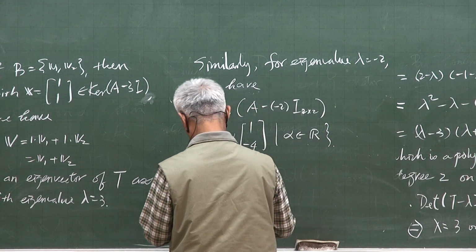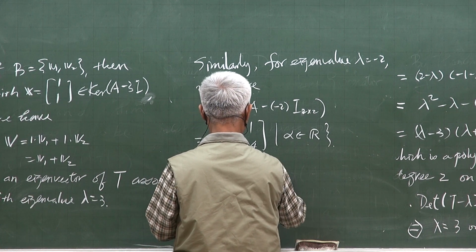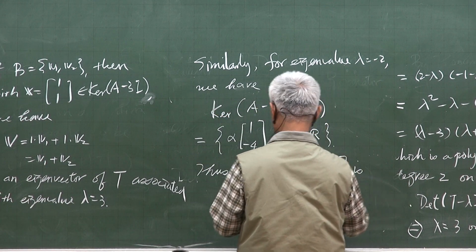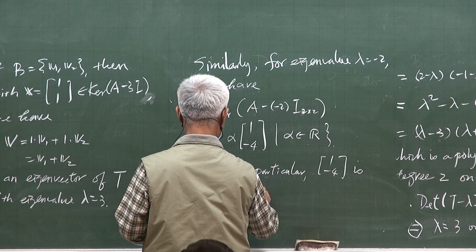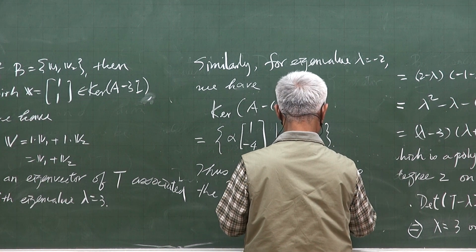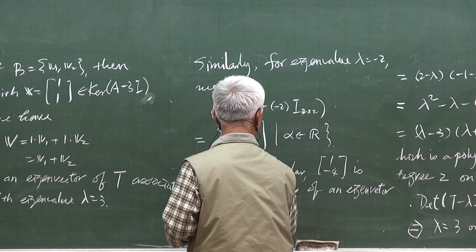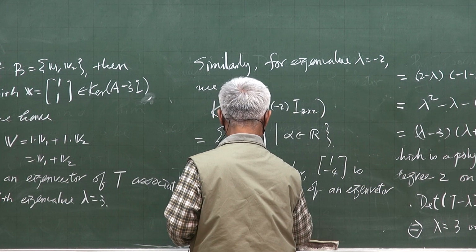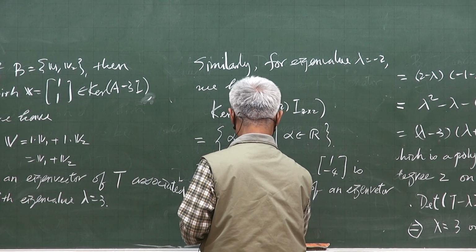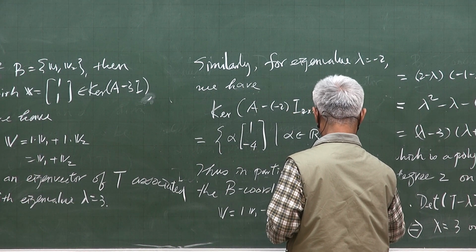Okay, so that's in particular, 1 minus 4 is the B coordinate of an eigenvector V equal to 1 times V1 plus minus 4 times V2, which is V1 minus 4 V2.